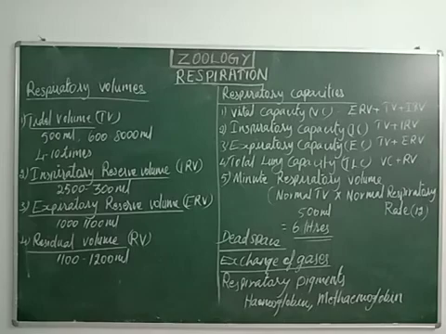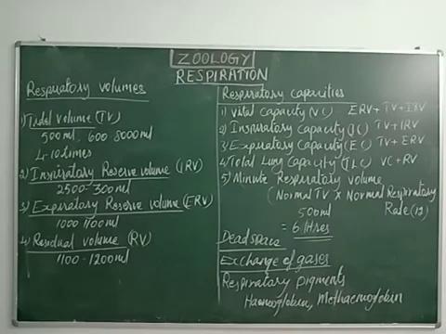Then the next capacity, the last capacity of our respiratory system, is minute respiratory volume. The total amount of air moving inside the respiratory system per minute is called minute respiratory volume.